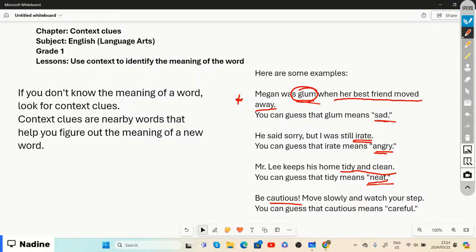So now you come up with an idea: okay, cautious means this. The fact that I need to move slowly and watch my step means that we need to be careful, which means that to be cautious is to be careful.